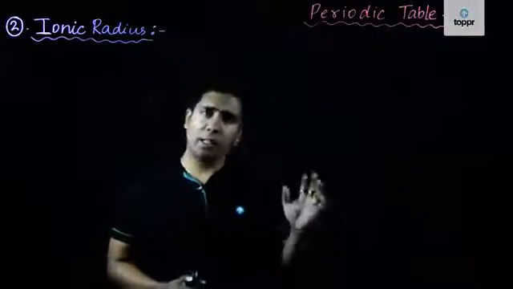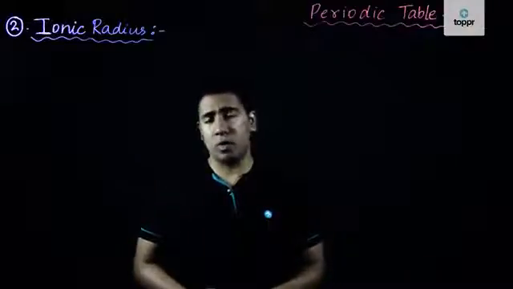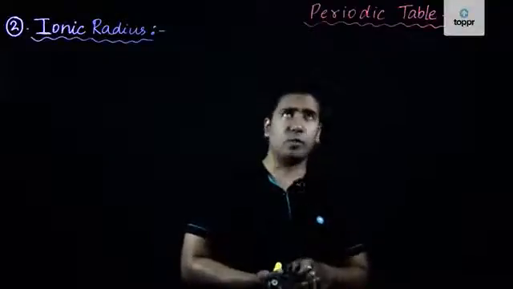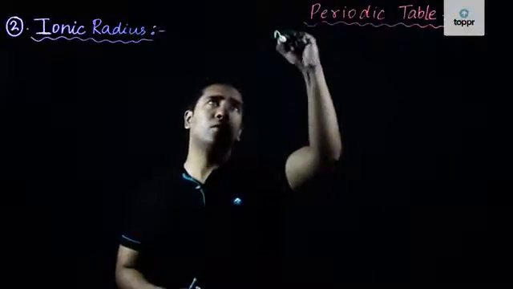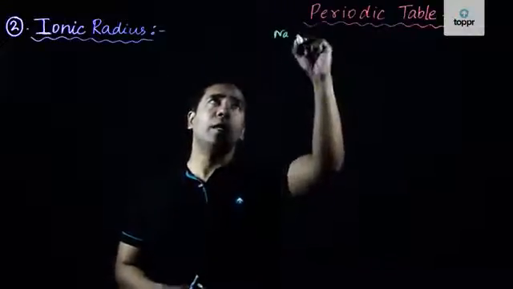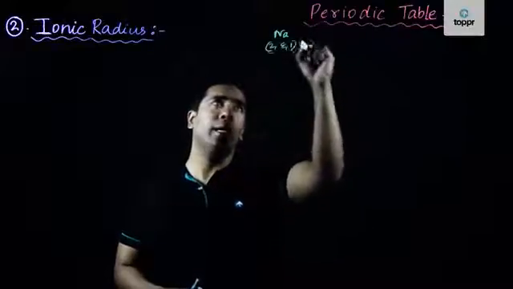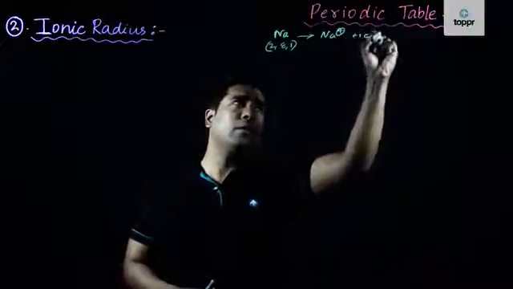Now, before we start, let us first see what is the meaning of an ion. Let us quickly give a few examples. We can have a sodium atom, which has an electronic configuration, say, 2,8,1, and it forms a sodium ion by giving away one electron, right?